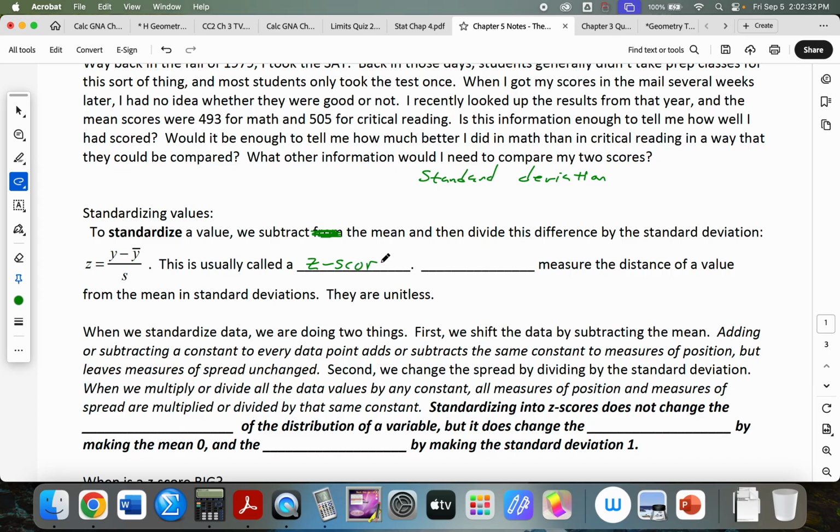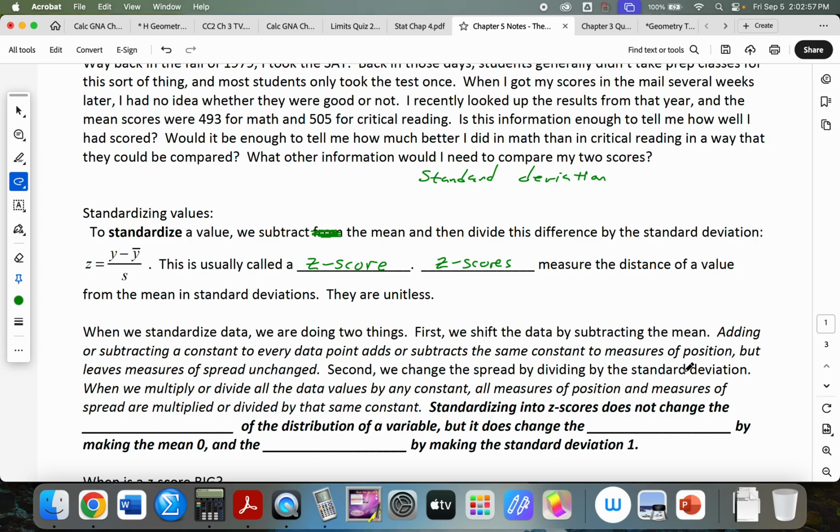Why z? I don't know. I guess because standardize has a z in it. Z-scores measure the distance of a value from the mean in standard deviations.